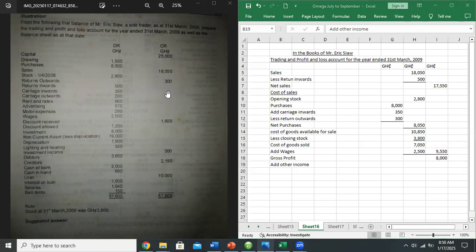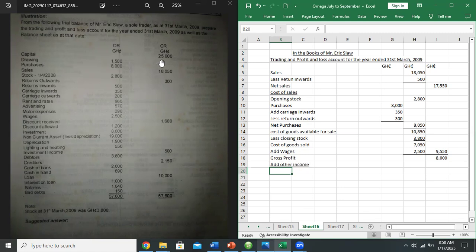On the credit side is your income and liabilities, but we are not bringing liabilities here in the profit and loss account, so we need just the income. Even if you are confused, if you know that this particular item is a liability, it gives you a clue that liabilities are not going here.